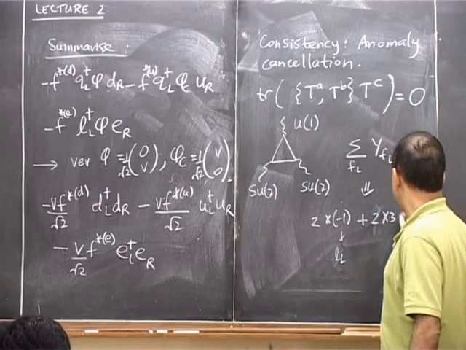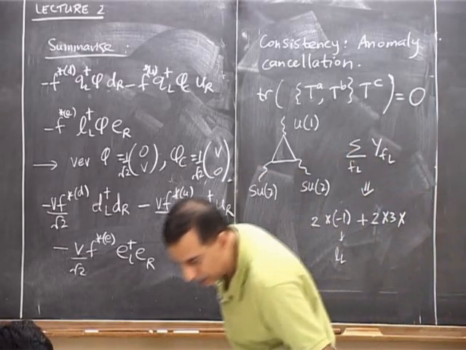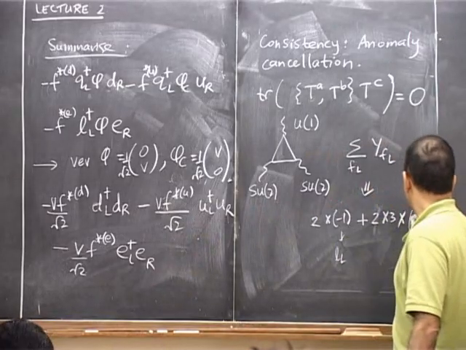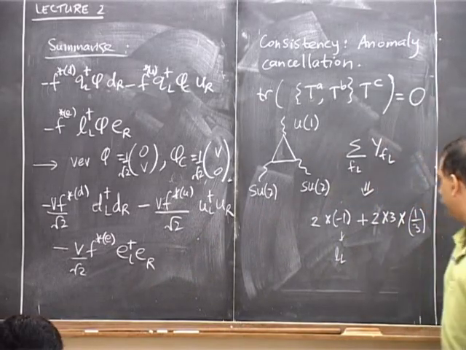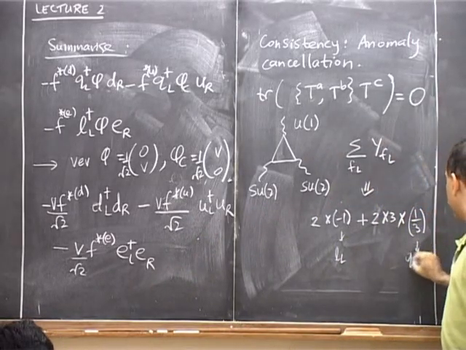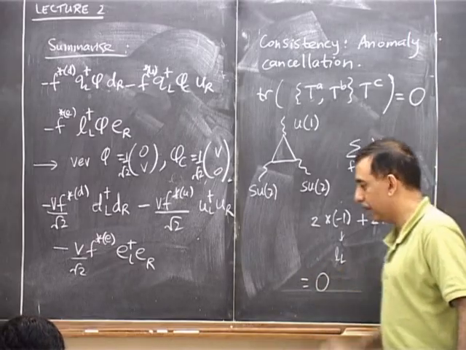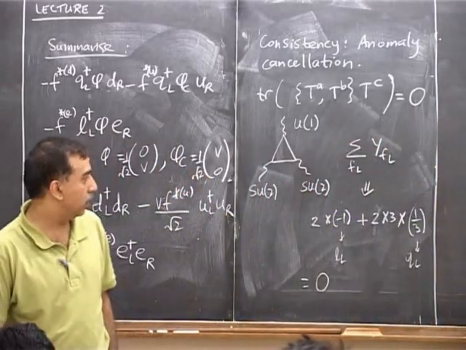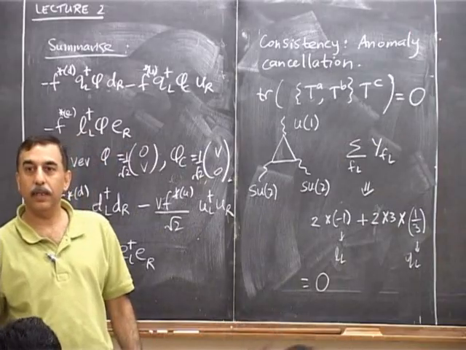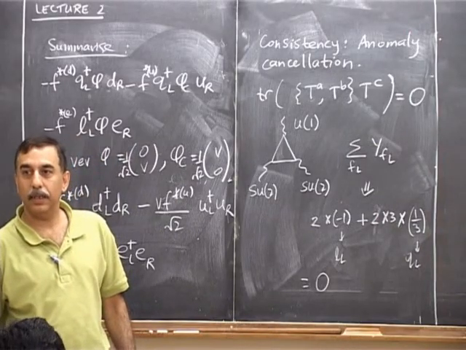They are also in a triplet, so there's 2 times 3, and the hypercharge was chosen to be plus 1 by 3. This is the quark left-handed doublet, and we see that this is 0. Okay, is that clear?